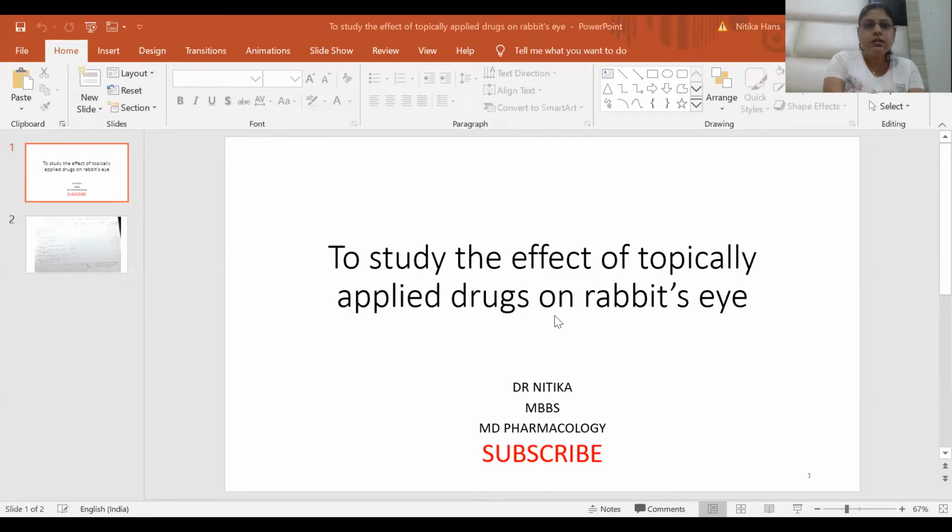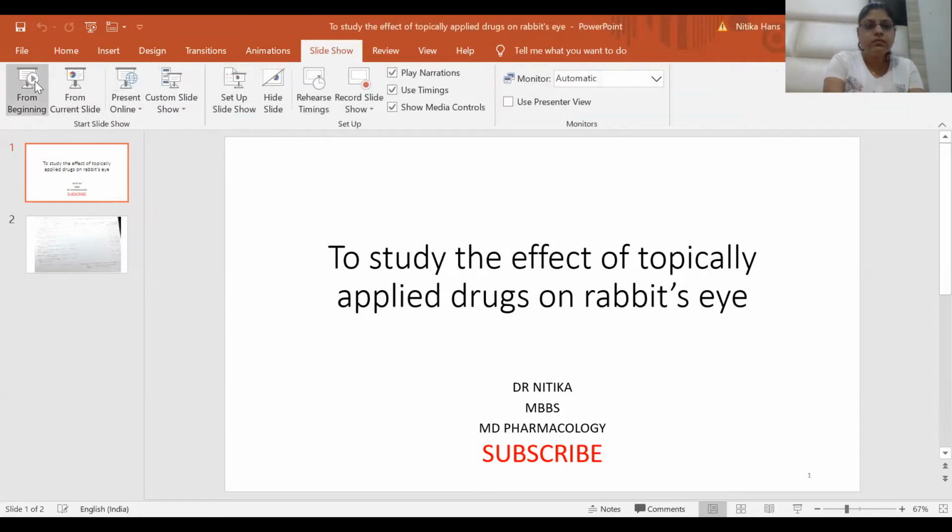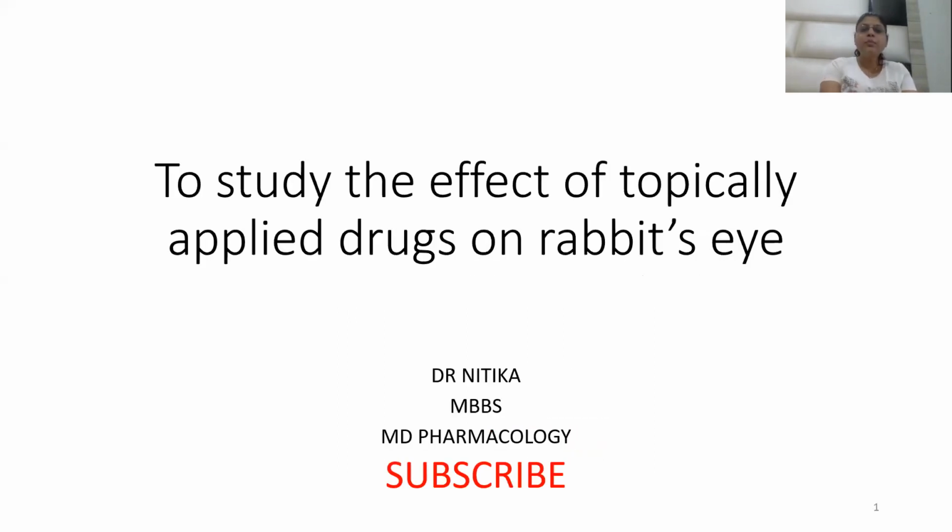Now I'm going to discuss with you, with this diagram, the study of the effect of topically applied drugs on the rabbit's eye. This is the diagram. This is the baseline observation in the first rabbit.